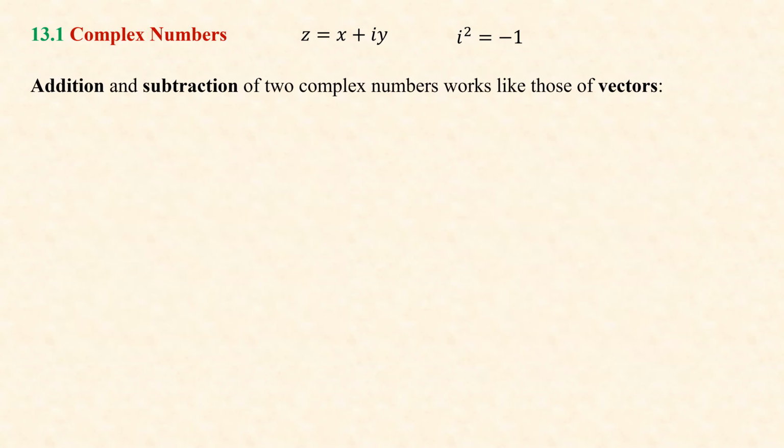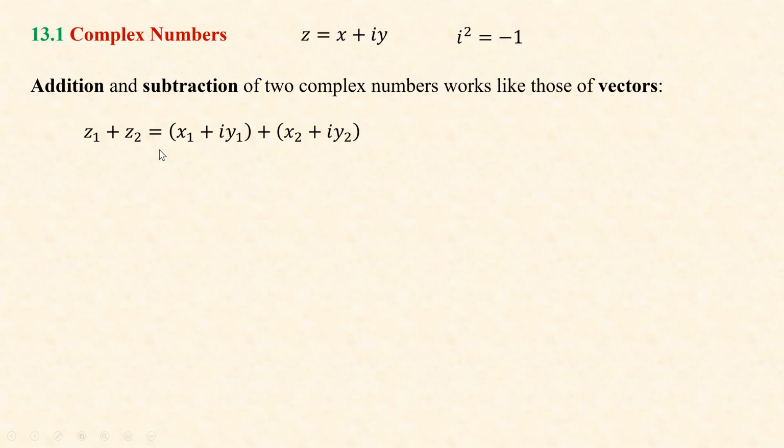And then how do we add or subtract two complex numbers? The way we add or subtract is exactly like vectors, a vector from the origin to that point. Or we can just write these two like two binomials, z1 plus z2. z1 is x1 plus iy1, and z2 is x2 plus iy2.